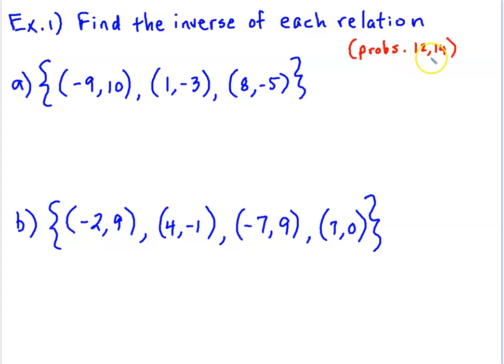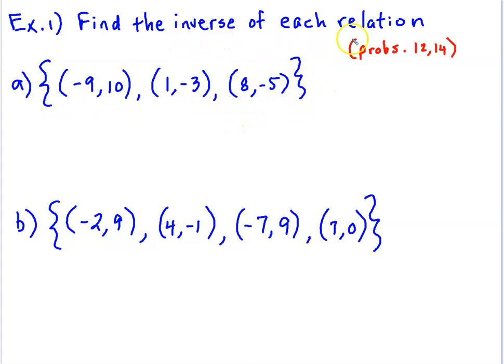All right, so your first two problems are probably going to take you maybe 30 seconds, maybe less. If you're given a relation, which is what you're given here on letters A and B, these two examples, a relation by definition is just a set of ordered pairs. Okay, that's what we have here.